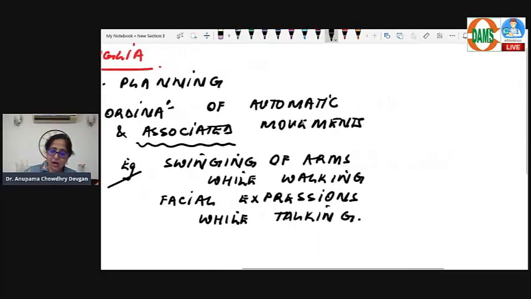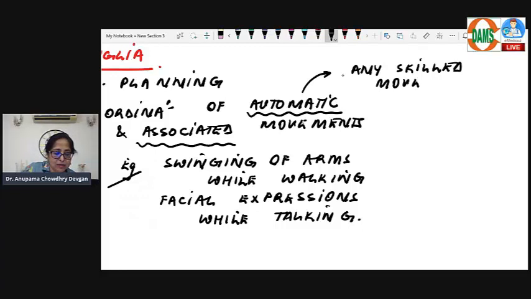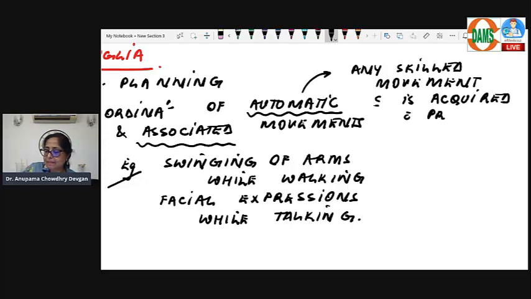Now, what is an automatic movement? Any skilled movement which is acquired with practice, that is known as an automatic movement.